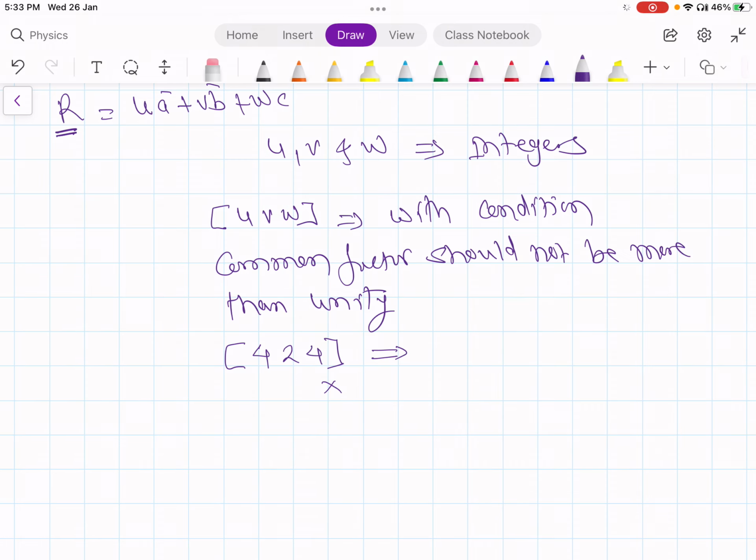So you have to reduce this to 212. As you can see here, when you reduce that to 212, the common factor is not more than unity. Other example, say 200. This is also wrong because common factor is more than 1. So we have to reduce this to 100.